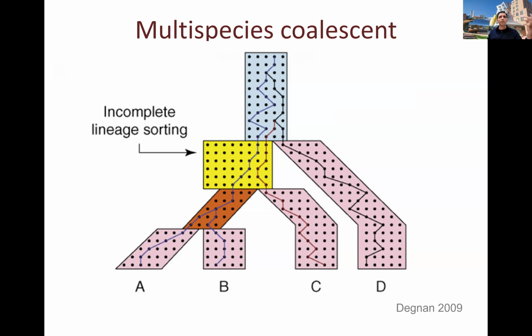Some individuals have it, some individuals don't. And that standing variation might persist along a speciation event and another speciation event. And now the standing variation is finally resolved when you get to a lower lineage.